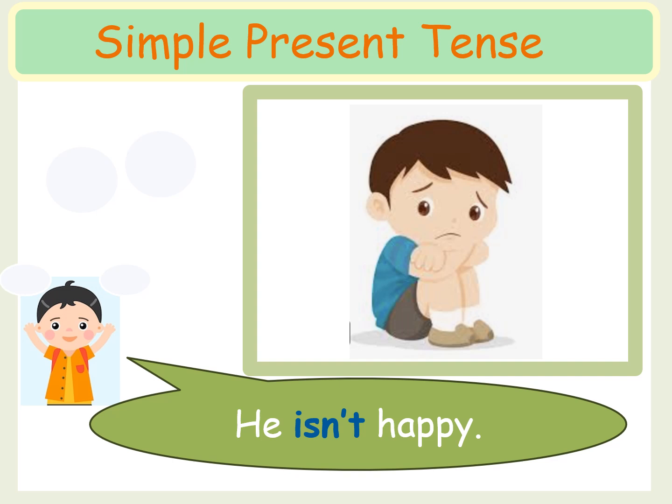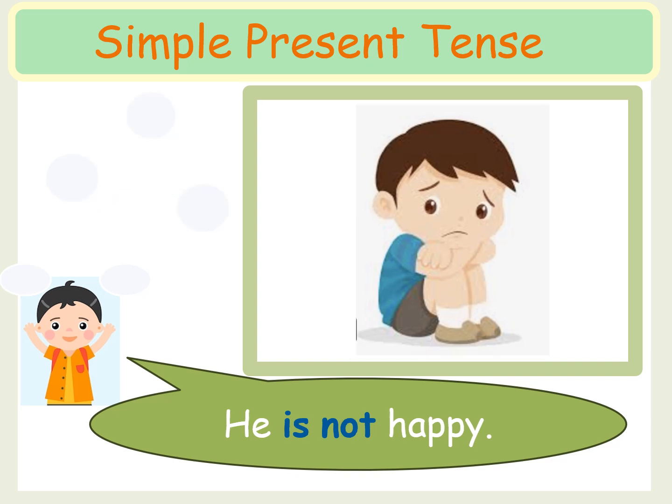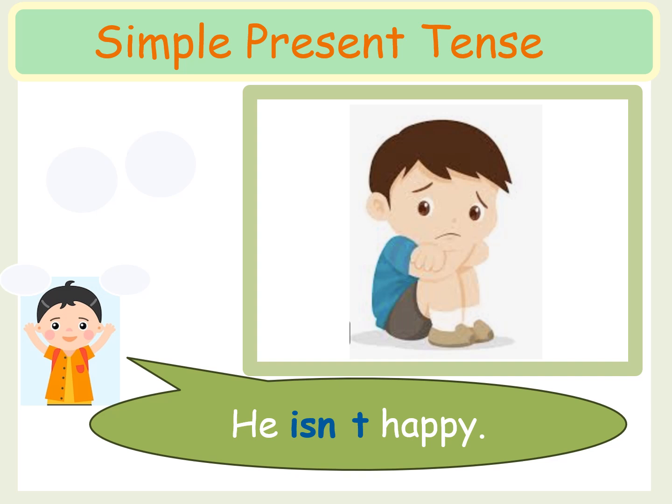How did it happen? We took away the O and put an apostrophe where we took away the letter O and we joined those words together. He is not becomes he isn't.